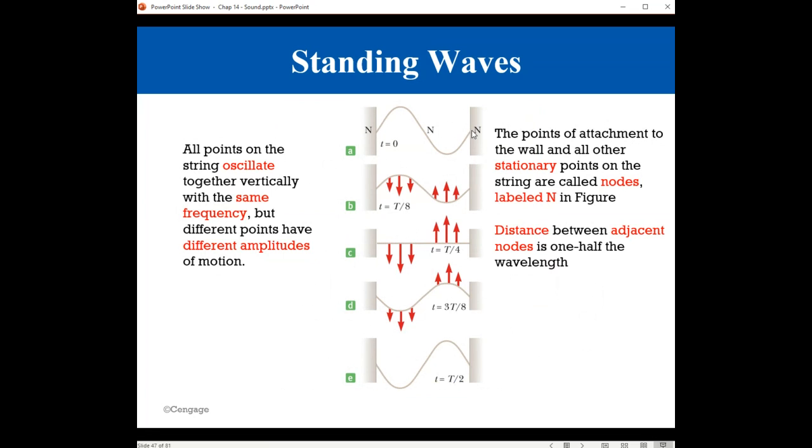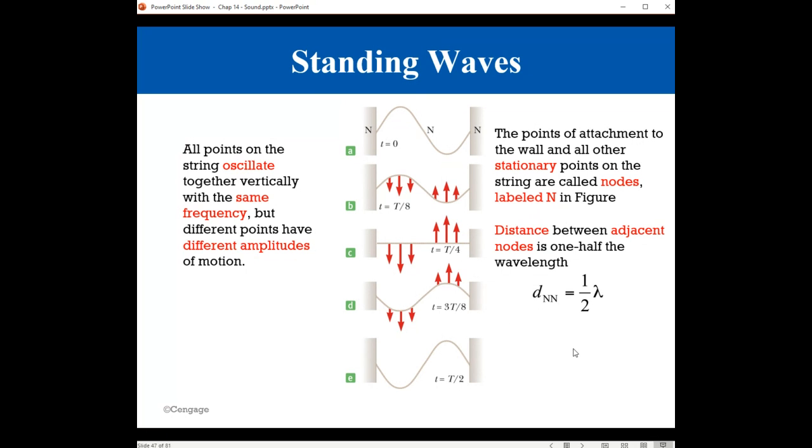So here we have a node, here we have a node, and in the middle here we have a node. Node simply corresponds to zero displacement. The distance between adjacent nodes is half a wavelength.